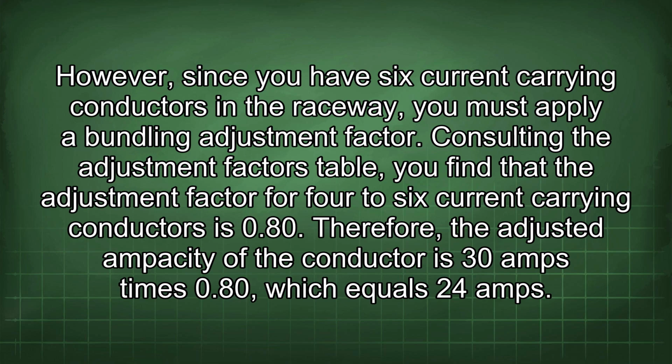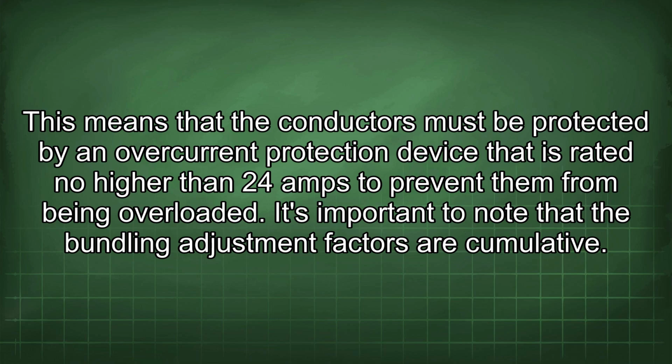Consulting the adjustment factors table, you find that the adjustment factor for 4 to 6 current-carrying conductors is 0.80. Therefore, the adjusted ampacity of the conductor is 30 amps times 0.80, which equals 24 amps. This means that the conductors must be protected by an overcurrent protection device that is rated no higher than 24 amps to prevent them from being overloaded.